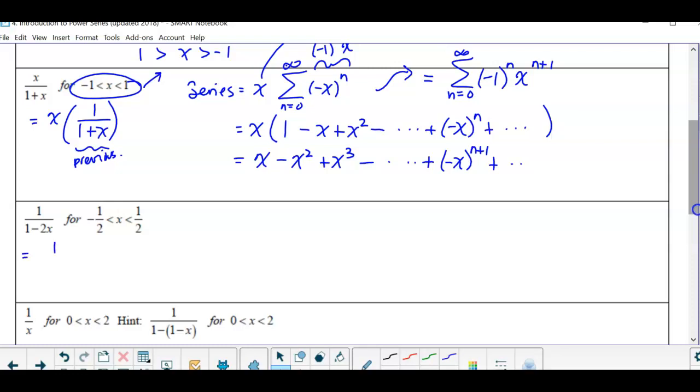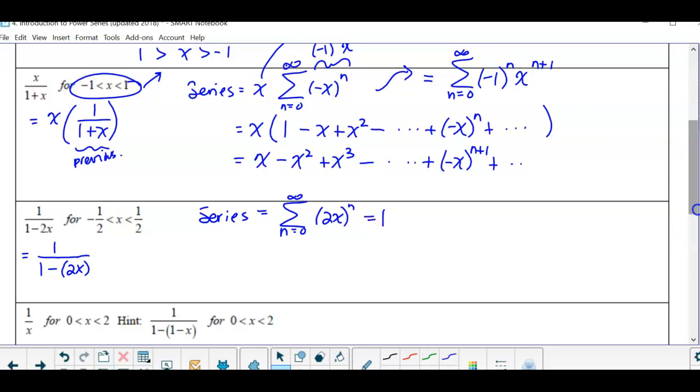This one, this is really 1 minus now 2x. So that's your r, r is 2x. So your series, and so now we've got (2x) to the n.